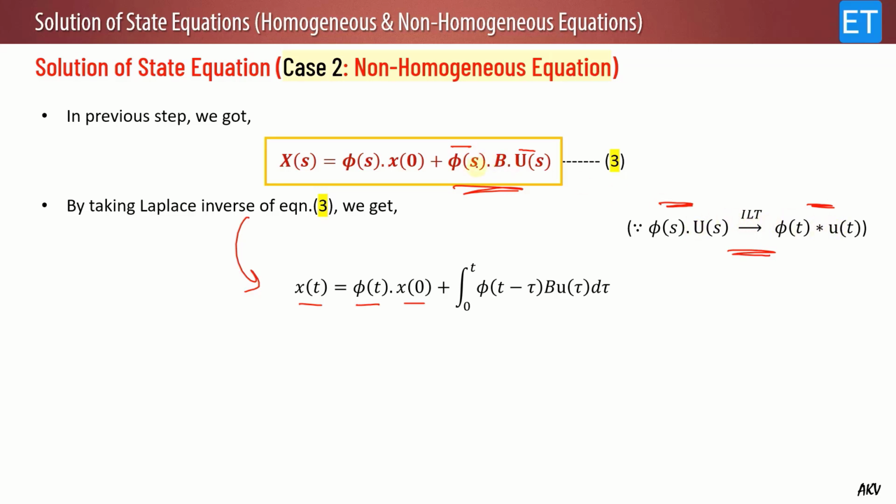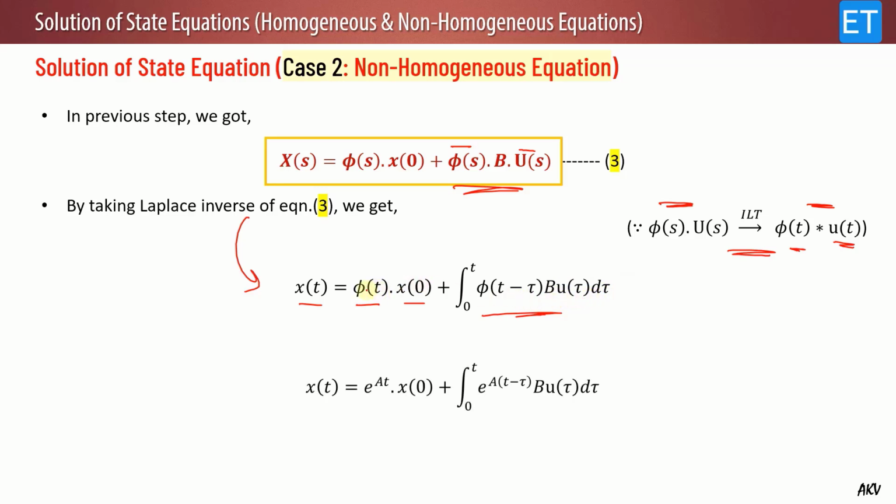So when you take the Laplace inverse, obviously there will be the convolution between phi(t) and u(t). Here you can see this convolution expression: integral 0 to t of phi(t minus tau) B u(tau) d tau. So that is a simple convolution integral.